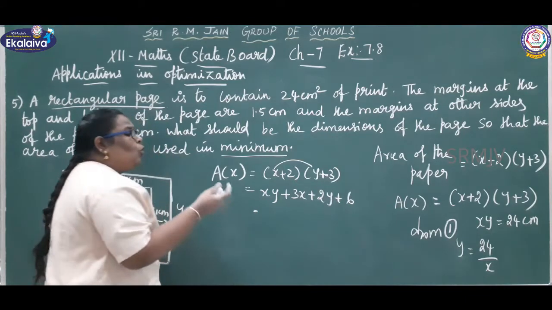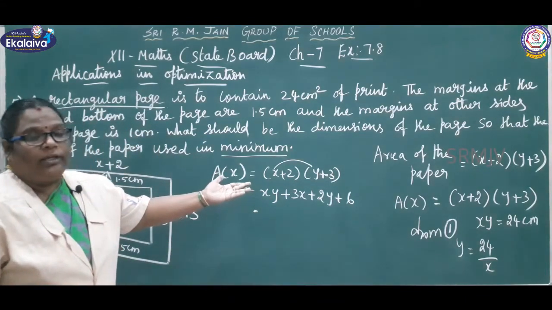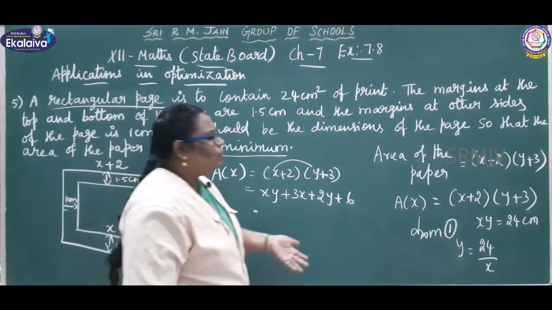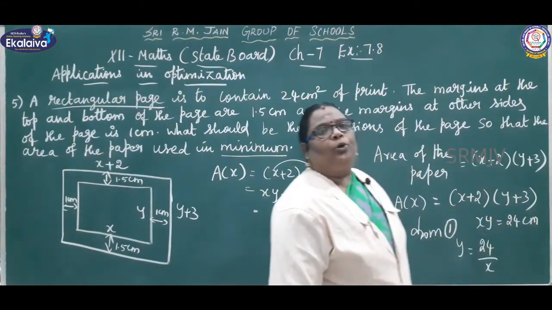So two variables are there. With respect to x only we are doing, so you can make it a single variable. What is the value of xy? xy equal to 24.